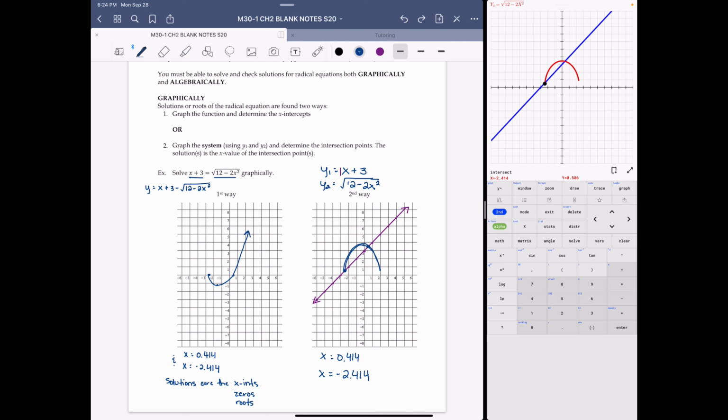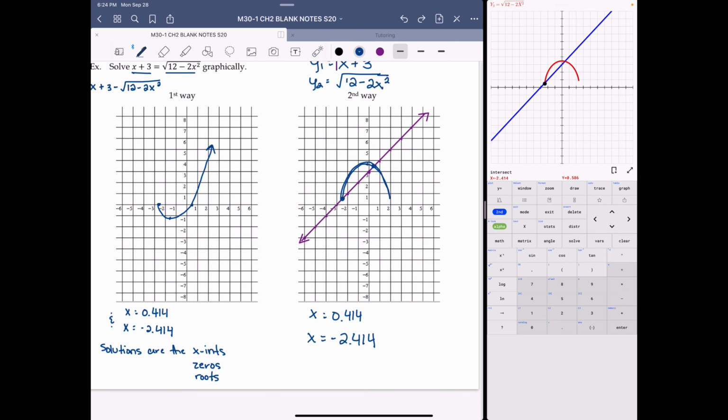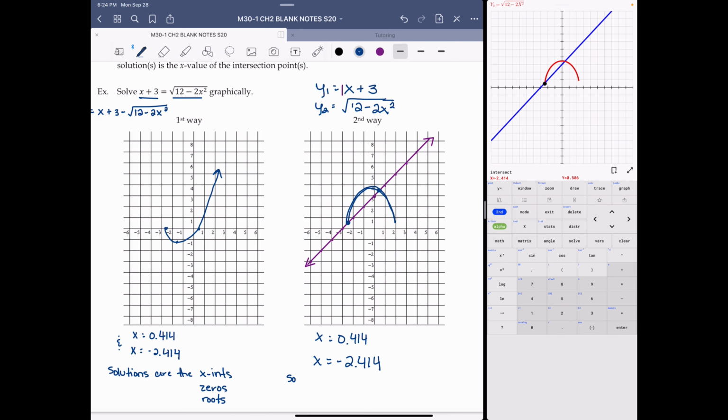Put a note on this side for method 2. Solutions are x values of intersection points.